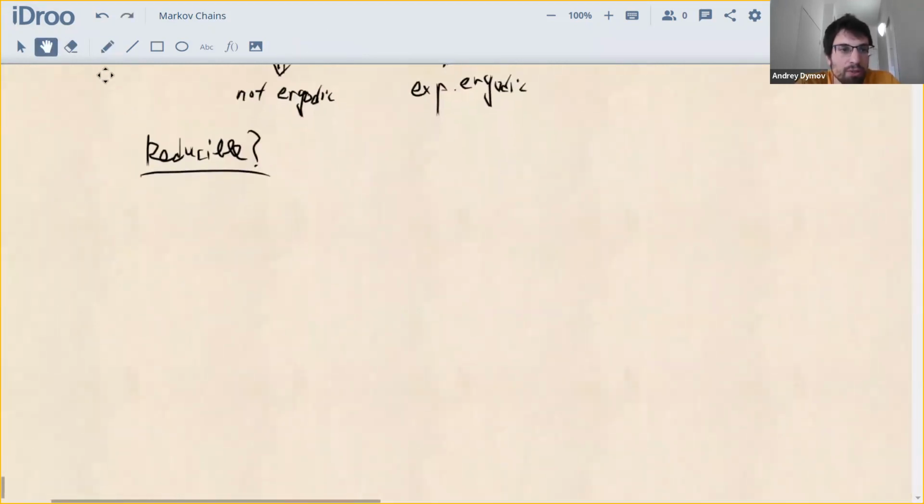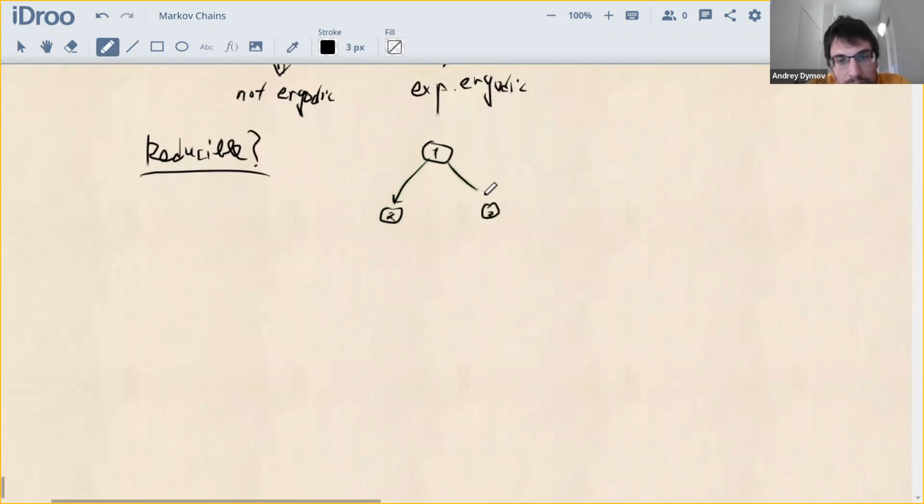Let's consider some reducible Markov chain. Let us consider a simple reducible Markov chain in 3 states: 1, 2, 3. From state 1, I leave it immediately, and I arrive either at state 2 and stay there forever, or at state 3 and stay there forever, right?